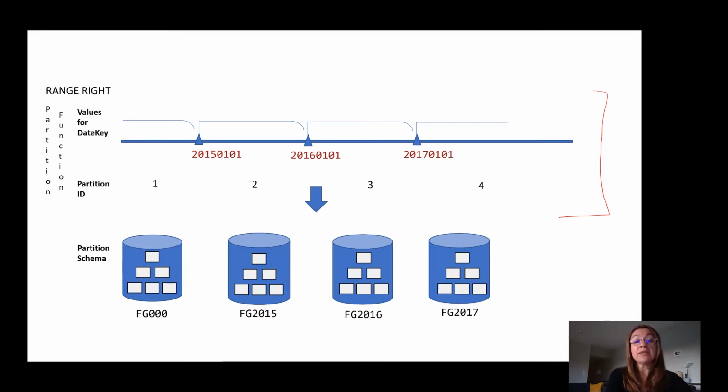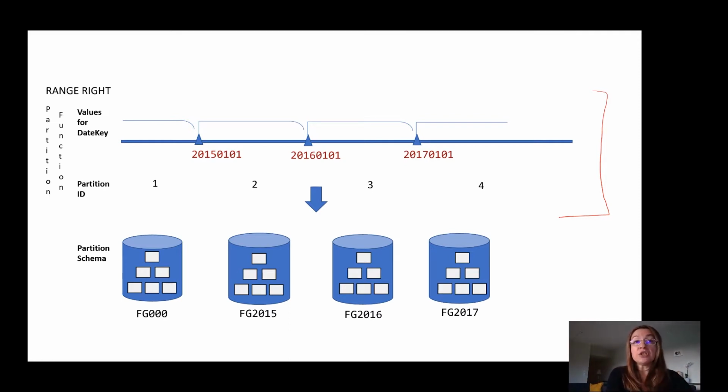So we have the boundaries, and we have 3 boundaries in this case, because let's say the example says we have to define the partition space by year. So in this case, we have 3 boundaries: the beginning of every year, the first date of every year, and then, as a result of that, we have 4 partitions.